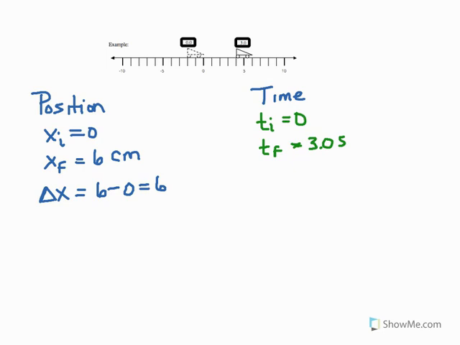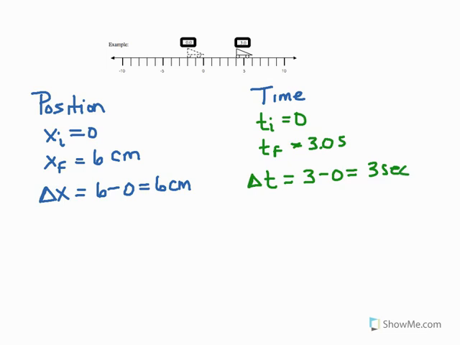That gives me 6 centimeters. That's the change in position of my car. I need to do the exact same thing with time to find the change in time. We take our final time, which was 3, minus the initial time, which was 0. That gives me a change in time of 3 seconds.